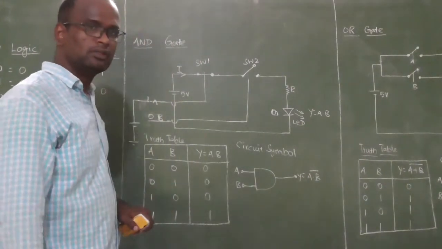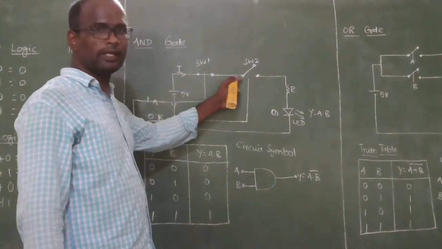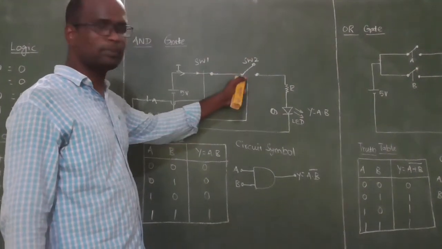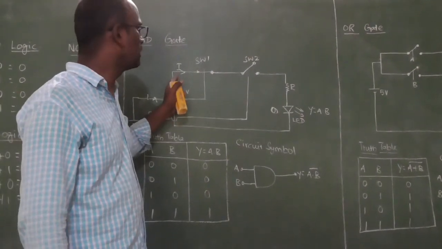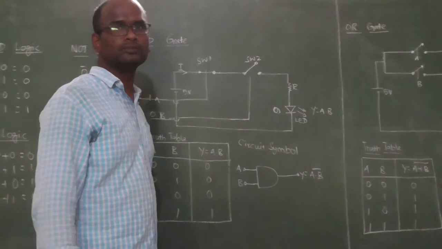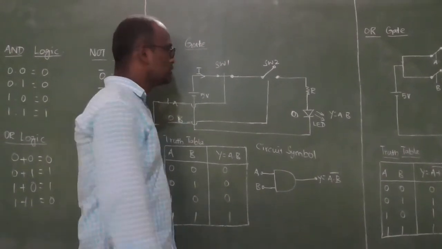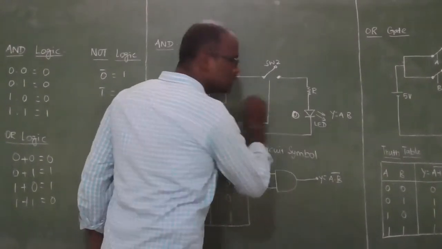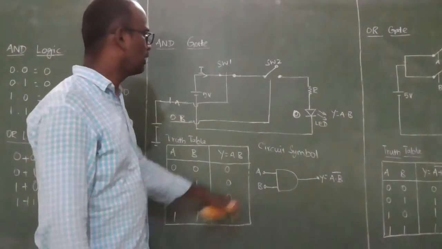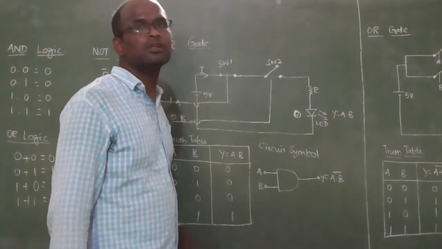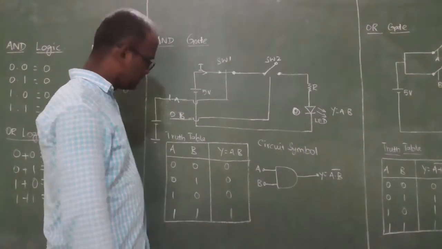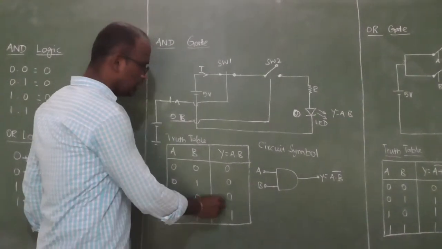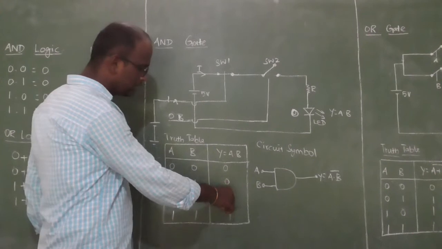Here also we cannot get the fully closed path for current, so the current will not get into the output. So in this case also the output is 0. That means the LED will not glow. So for 1 0 input, here also we are getting 0.